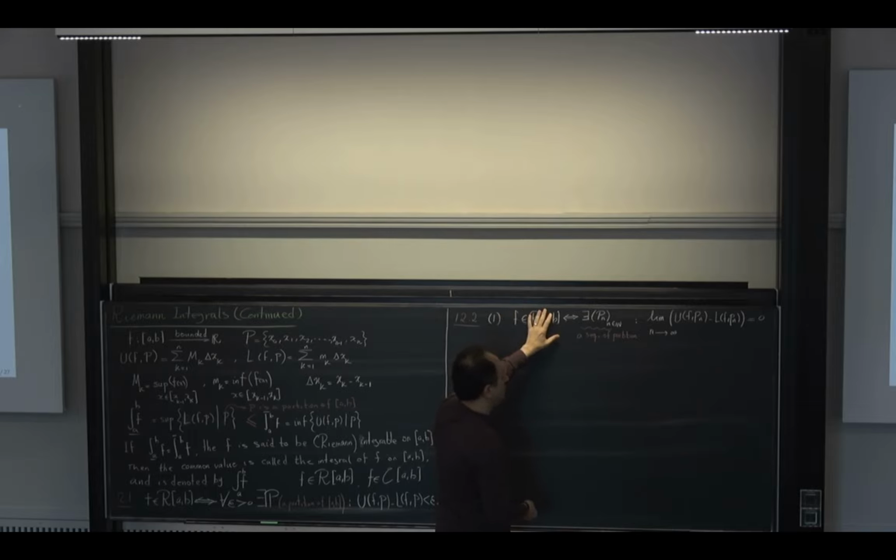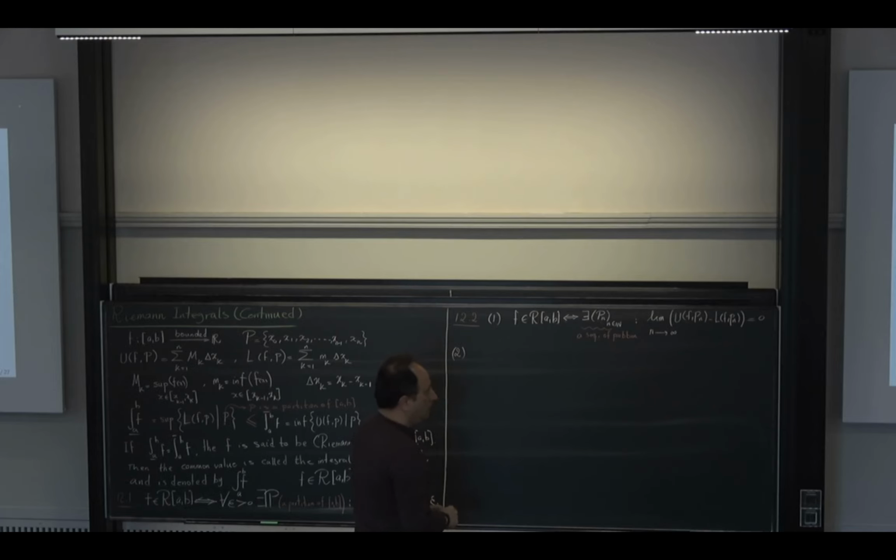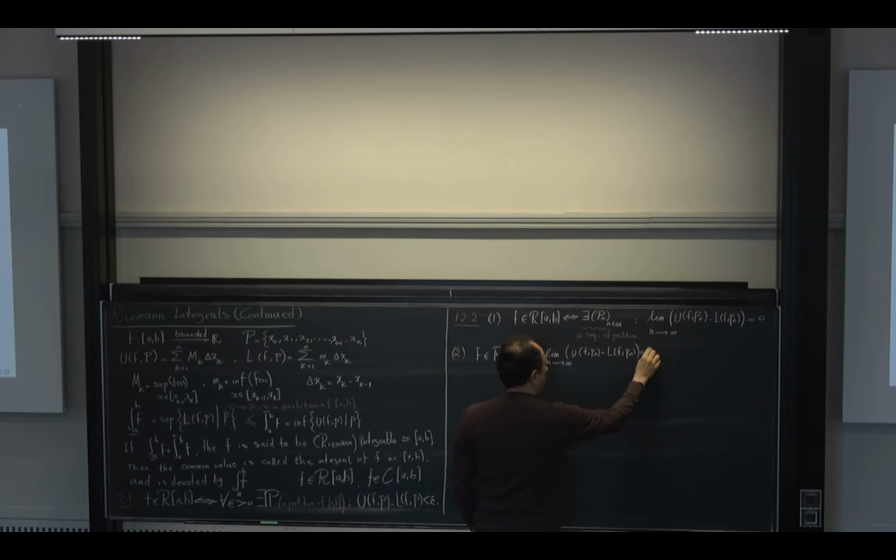So part two of the theorem, if f is integrable, and we know that the limit of U(f, Pn) minus L(f, Pn) as n goes to infinity is 0 for some sequence.